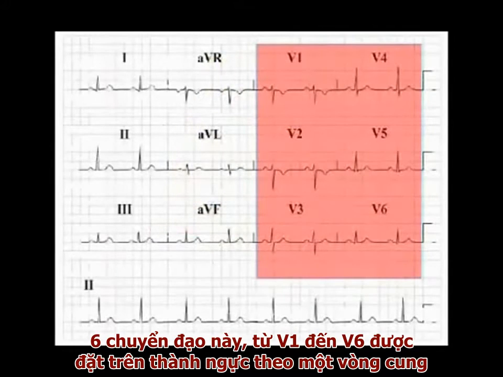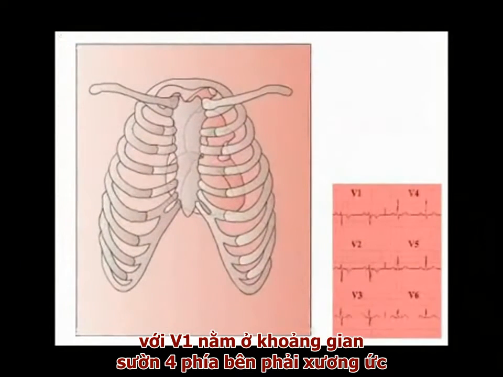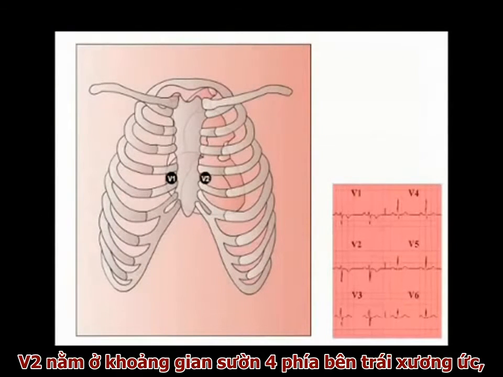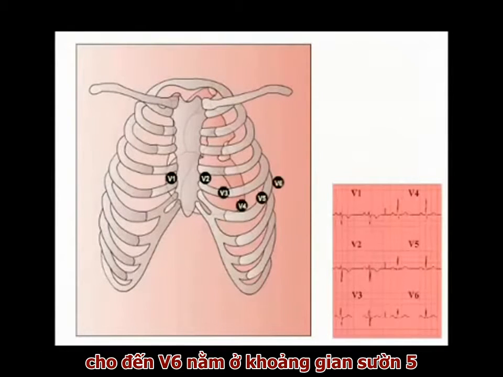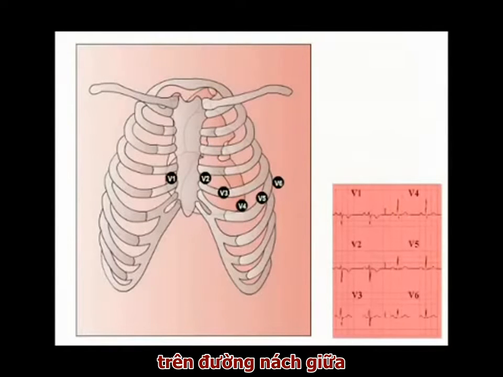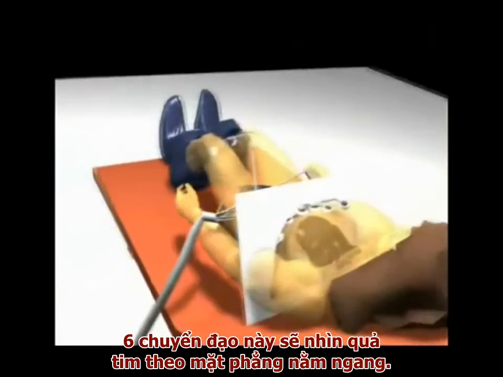These 6 leads, V1 to V6, are placed on the surface of the chest wall in an arc, from V1 in the right intercostal space to the right of the sternum, to lead V2 in the left intercostal space to the left of the sternum, and then at roughly equal intervals to lead V6 in the left intercostal space in the mid-axillary line.